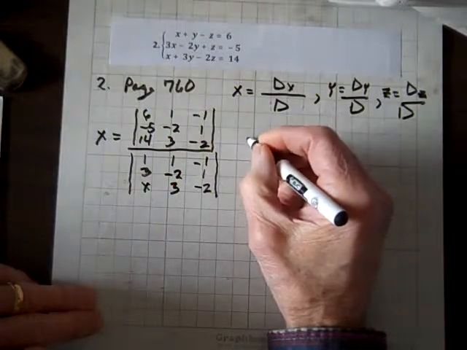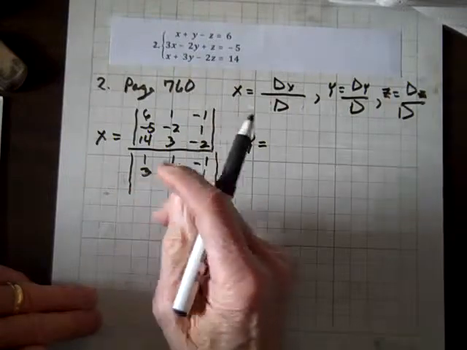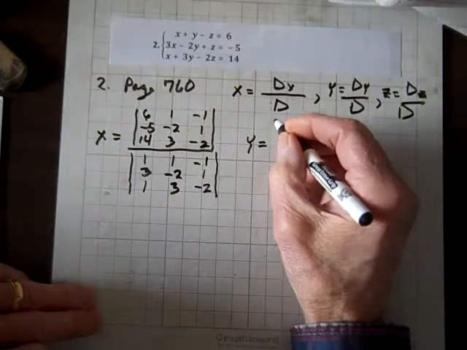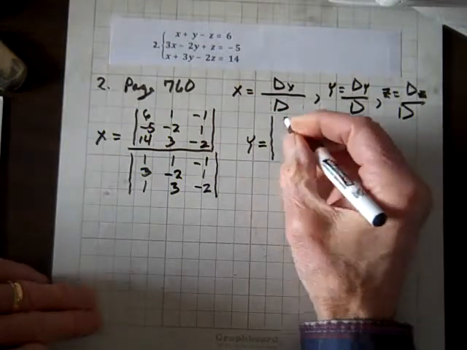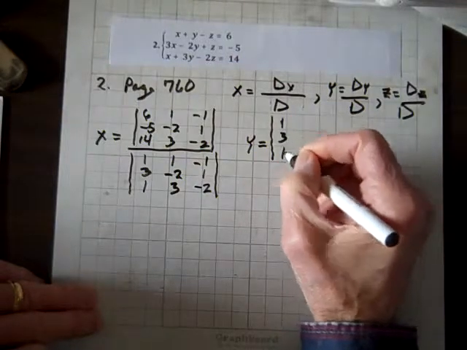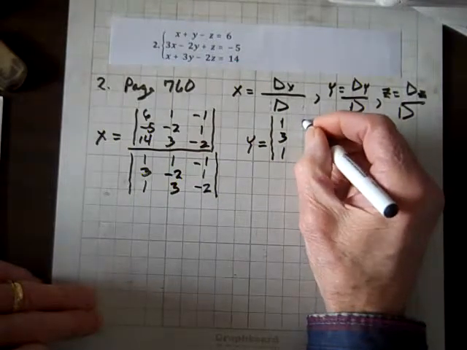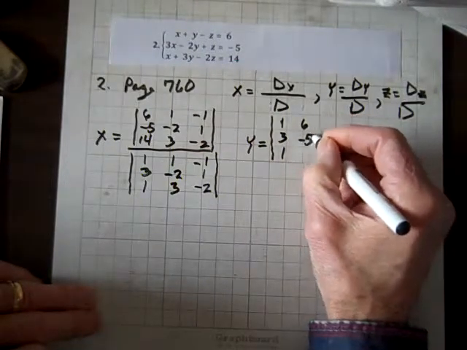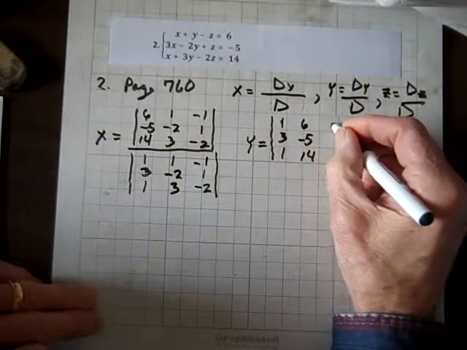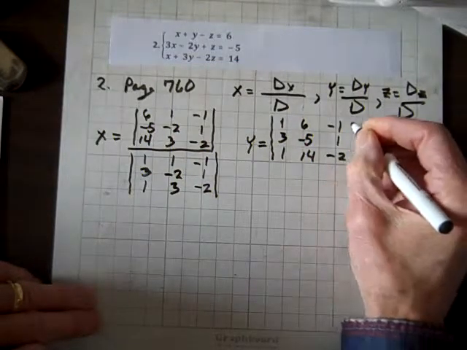Now, y, now that we know what d is, and by the way, that should be a 1 there. Yeah. Okay, for y, in the numerator, we'll have the determinant of 1, 3, 1. Now we'll replace the coefficients on y with our results, 6, negative 5, and 14, and then the coefficients on z, 1, negative 1, 1, and negative 2.